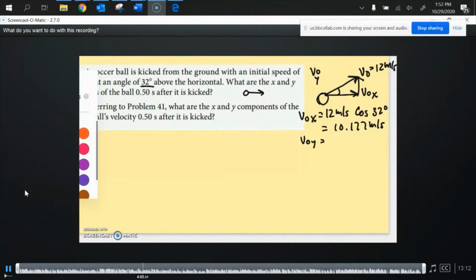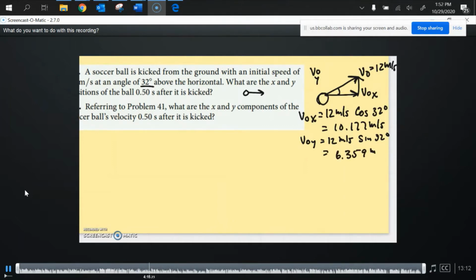Since it's not touching that, I can make it 12 meters per second sine of 32 degrees. And so that's going to end up giving you 6.359 meters per second. Hey, I wrote a lot of significant digits, but both of those are only 2 significant figures. All right, so now I'm going to proceed the way I did before.